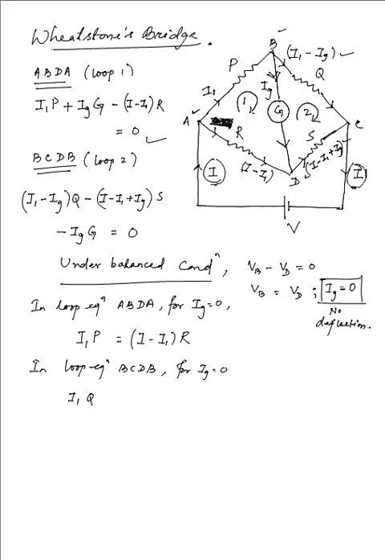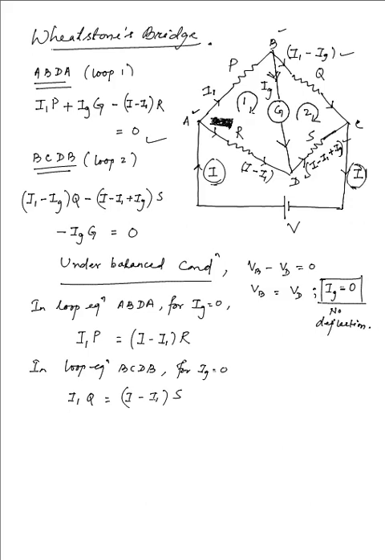The second term has minus of bracketed I minus I1 plus Ig, where Ig is 0, so all we have left is the bracketed term I minus I1, which is obviously negative in this case, can be taken to the other side, so we have I minus I1 whole multiplied with the resistance, that is S in that case.